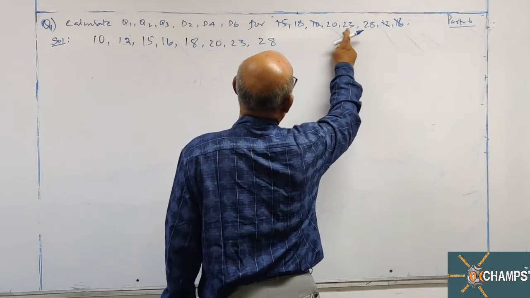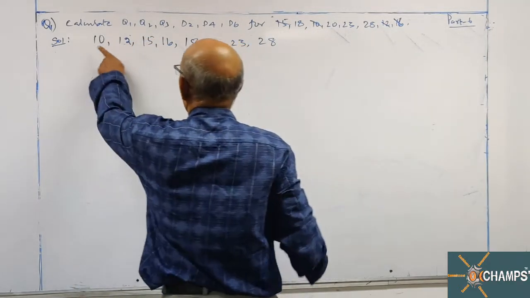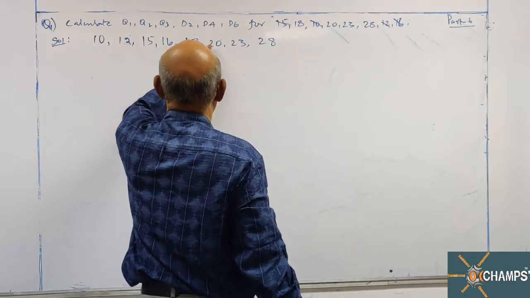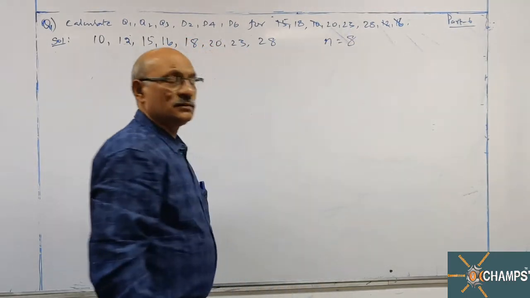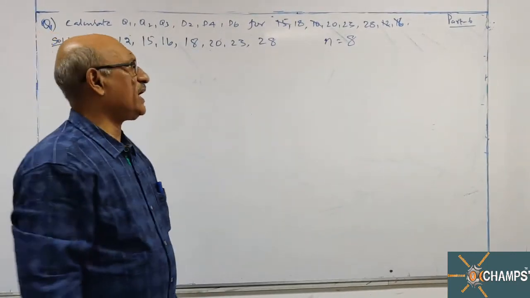Ranks 1, 2, 3, 4, 5, 6, 7, 8. N is equal to 8. Number of observations are 8.